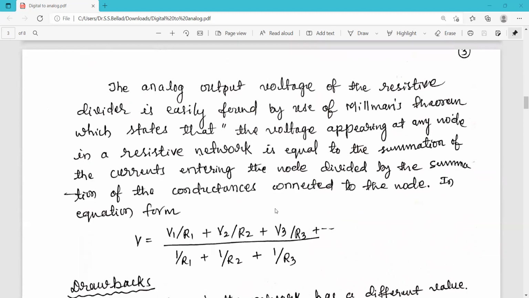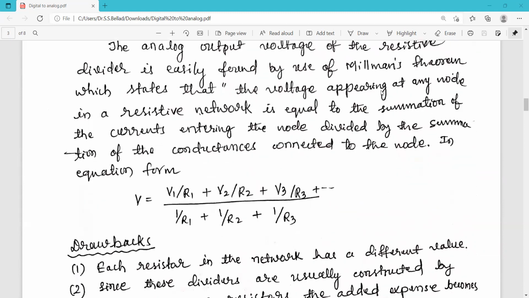That can be obtained by making use of Millman's theorem. This theorem states that the voltage appearing at any node in a resistive network is equal to the summation of the currents. You see here, these are the currents according to Ohm's law: V is equal to IR, or I is equal to V by R. So this is current 1, current 2, current 3. According to Millman's theorem, we have to sum the currents coming at the node, divided by the sum of the conductances.